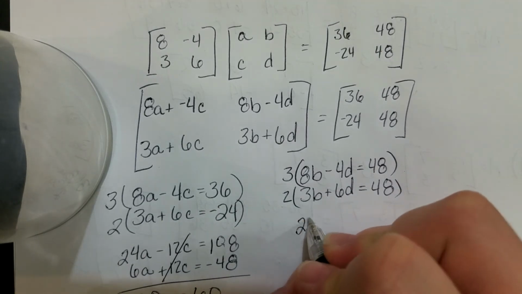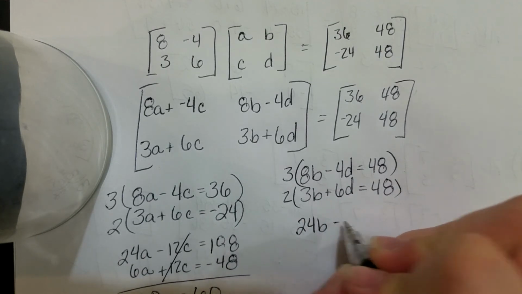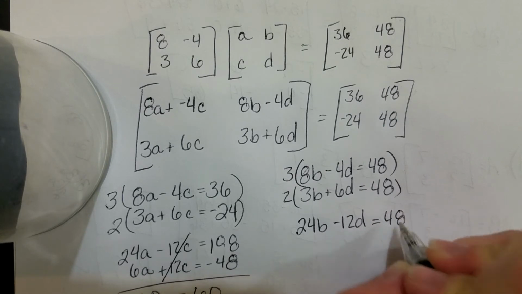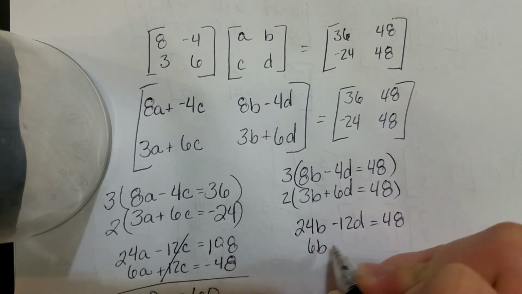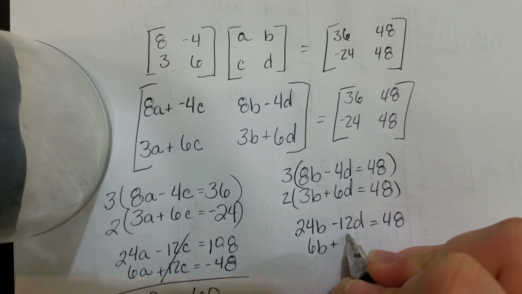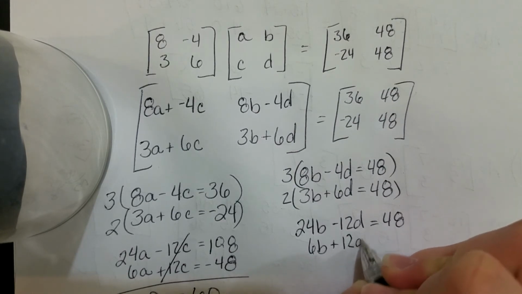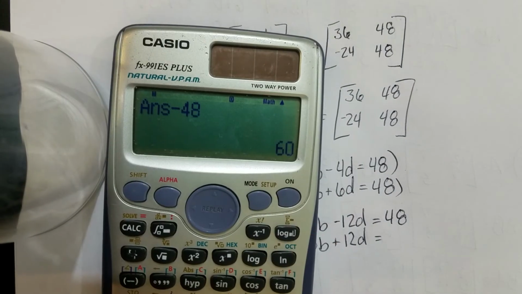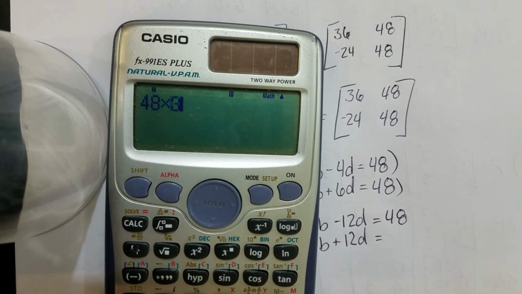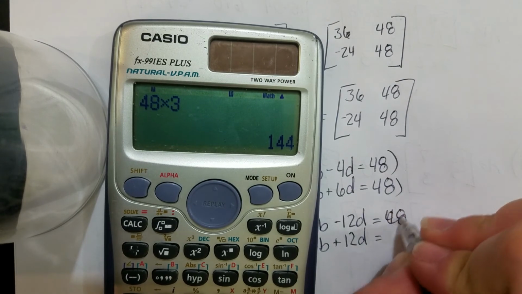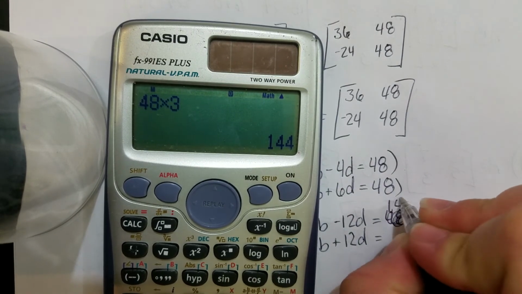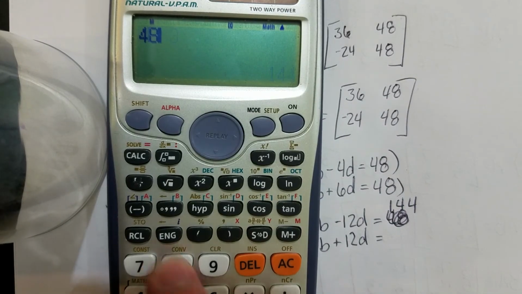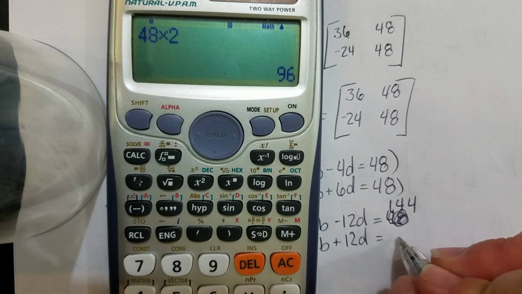So this will be 24B minus 12D equals 48, and 6B plus 12D equals, oh no, not 48, sorry. Oops. All right, 48 times 3, this one will be 144. And then this one will be 48 times 2, 96.